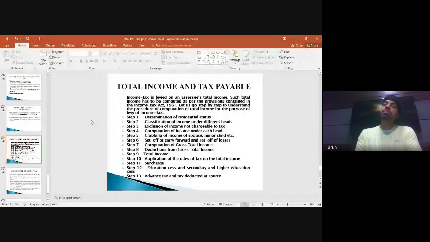So this is the unit. You will learn the terms of different incomes and how you calculate that income under different headings. That will come under the second block, the exclusion of income not chargeable to tax. There are various incomes which are not chargeable to tax. Which are chargeable, I already told you, three basic terms in the basic concepts.